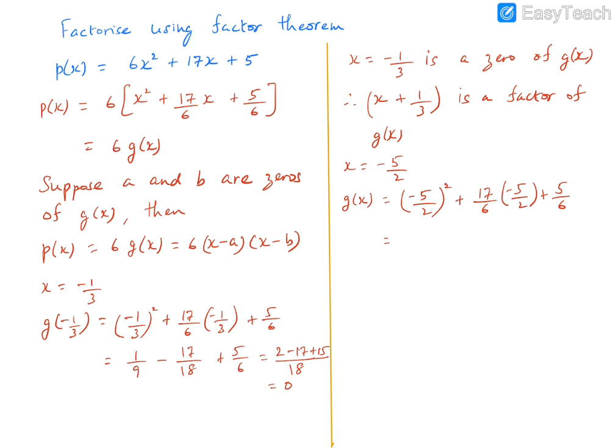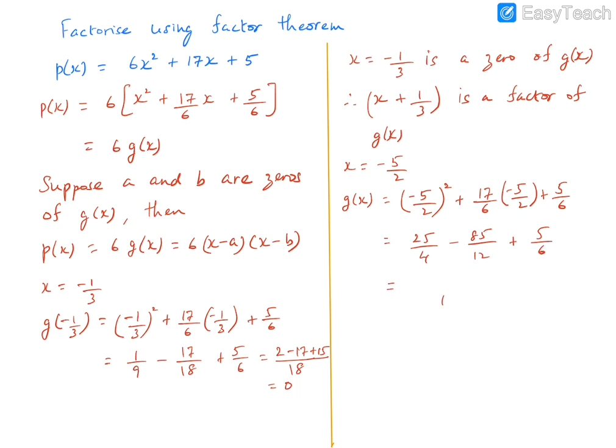So that gives us 25 by 4, plus into minus will be minus 17 into 5. So 17 into 5 is 85 divided by 12 plus 5 over 6.